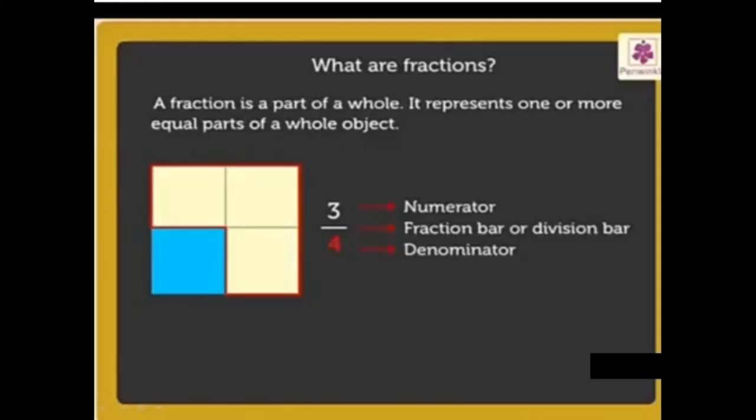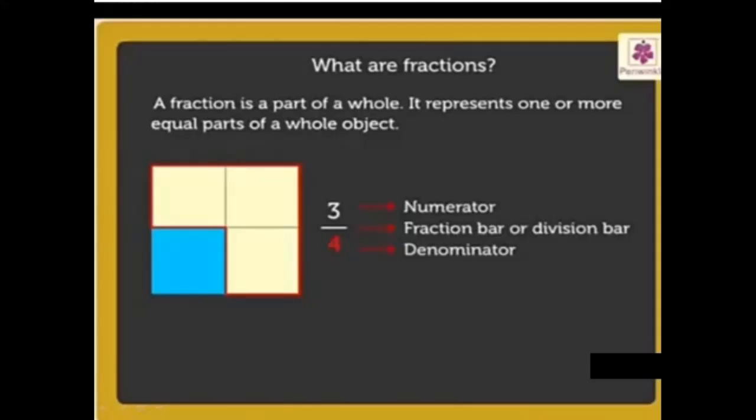What is the fraction of the unshaded portion? 1, 2, 3. Three parts are unshaded. That fraction is called 3 by 4.